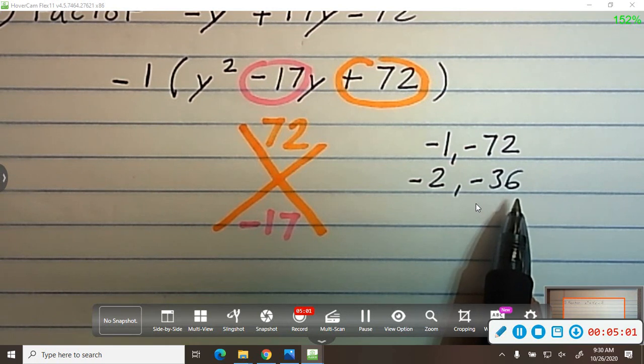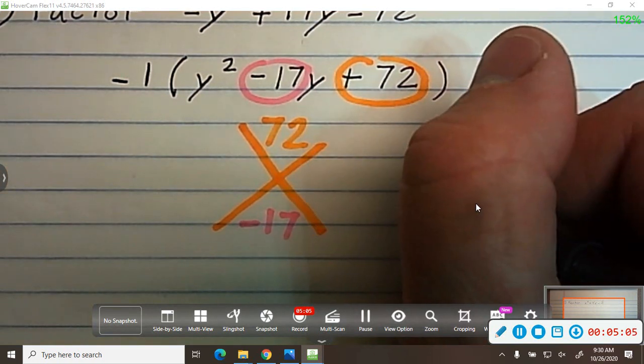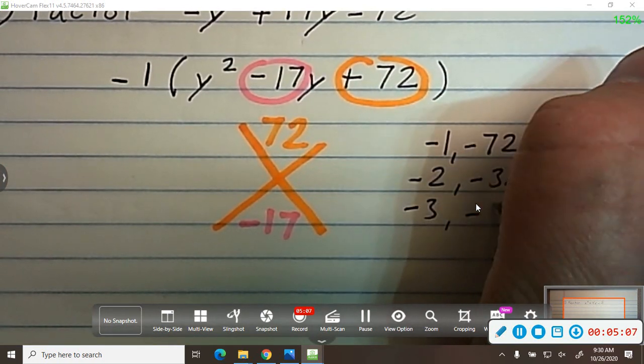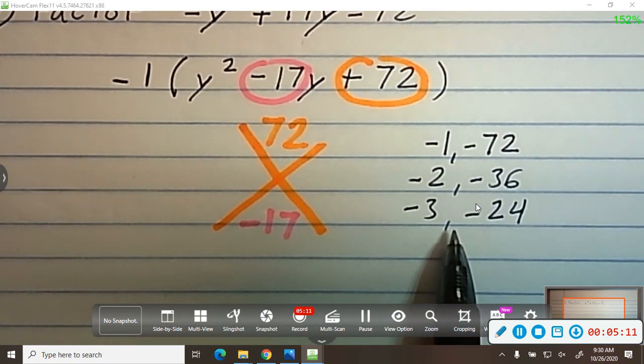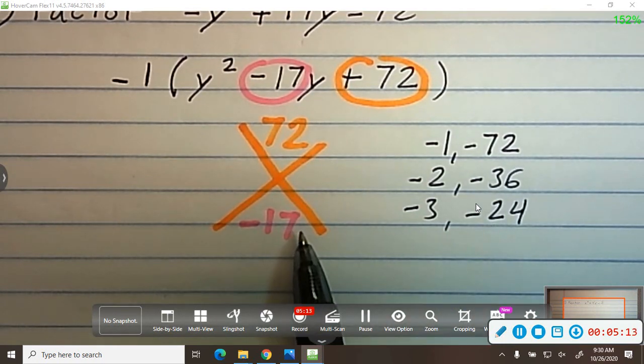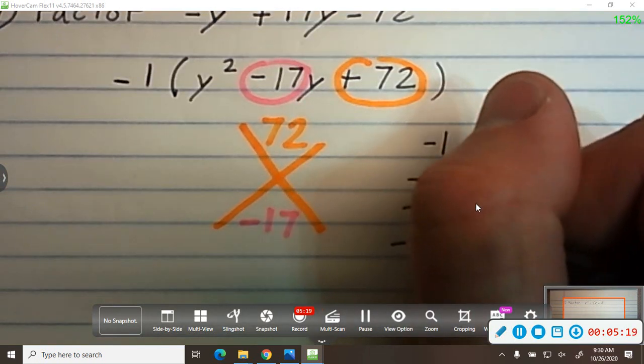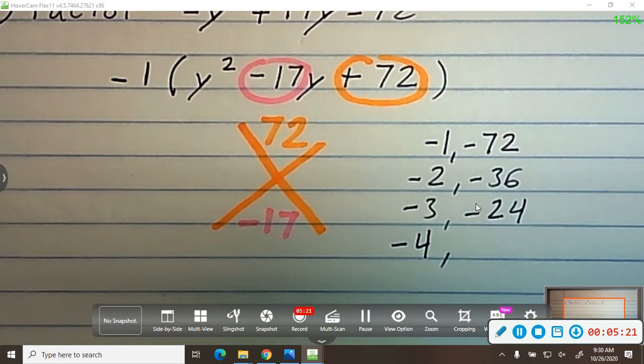Does 3 go into 72? Let me think. Yes, it does. Negative 3 and negative 24. You add those, you get negative 27. We're getting close. And then 4 goes into it, so let's try negative 4 and negative 18.